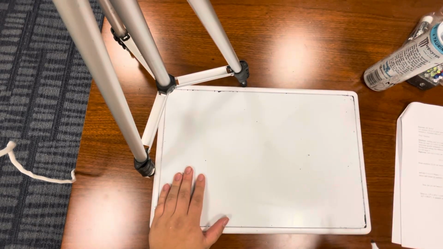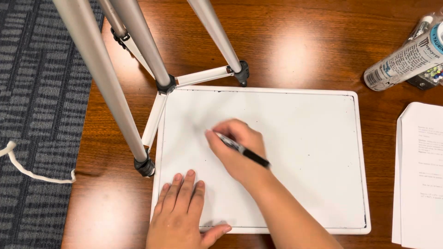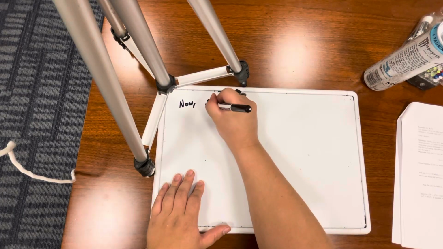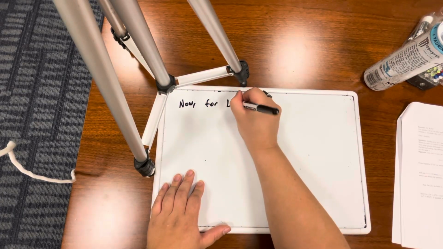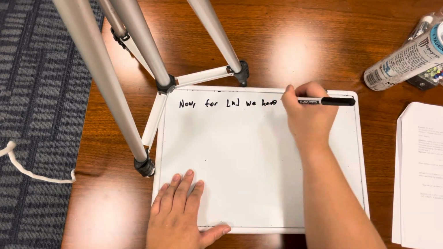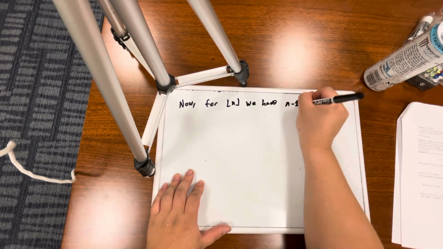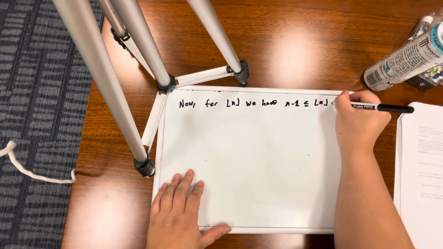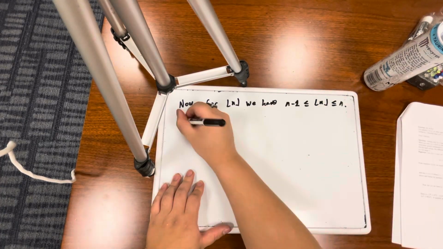So we have that the factor, as we mentioned, is bounded. We have the equivalence. Now, for floor function of n, we have n - 1 is less than or equal to the floor of n, which is less than or equal to n.